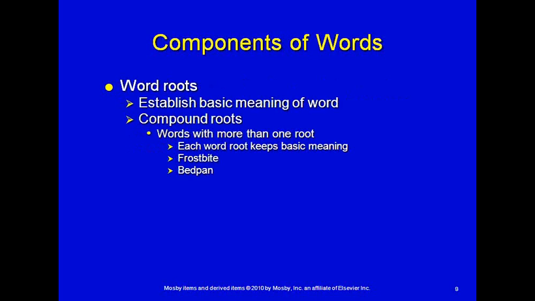We have compound roots, words with more than one root, where each word root keeps its basic meaning. As an example, frost and bite, that's two root words, but when placed together, each word keeps its basic meaning. Frost being cold and bite meaning a bite.